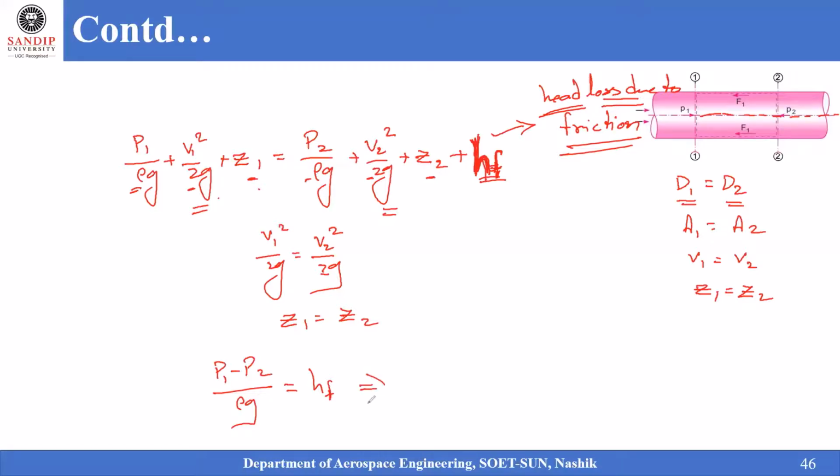Or if I would like to write it as only P1 minus P2, then my expression becomes P1 minus P2 is equal to rho g HF. So this is the equation we have obtained on applying Bernoulli's equation, where I have considered it in terms of head, so that it is head loss due to friction.